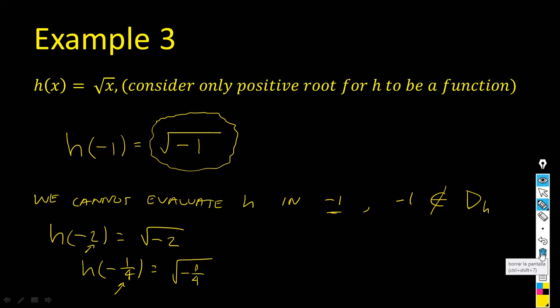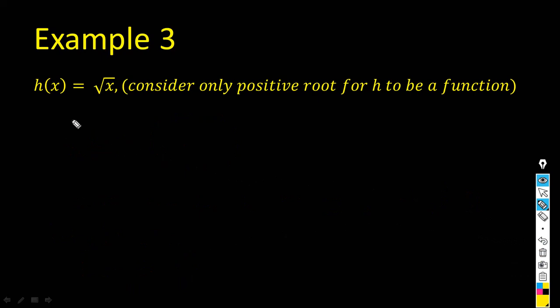And what about the general statement? What can we say? We can say that we can evaluate this function in any number as long as that number is not negative. How do we write that mathematically and in a very short and economical way? We say this. The domain of h is equal to all the real numbers except, this is a symbol of a minus, and it's read that way, except or minus.